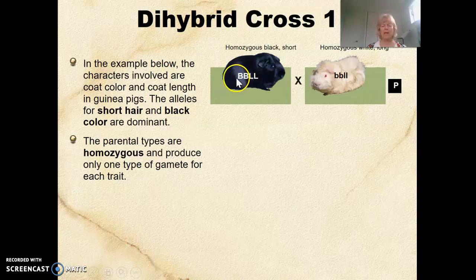Being black is the dominant trait and being white is the recessive trait. And this individual is also long-haired, so long is dominant for the other gene, and short hair is recessive. So this one shows the dominant phenotype and this one shows the recessive phenotype.